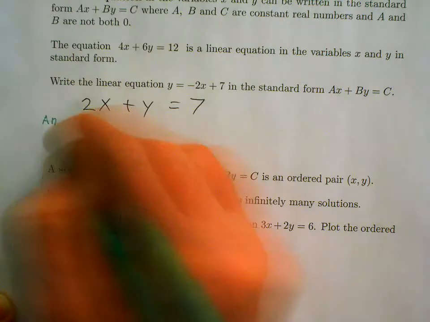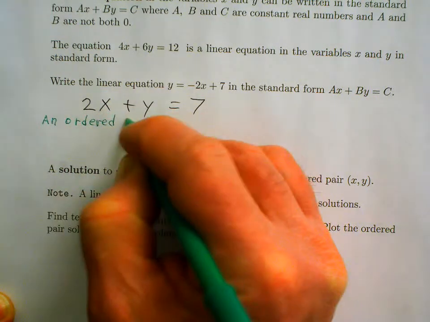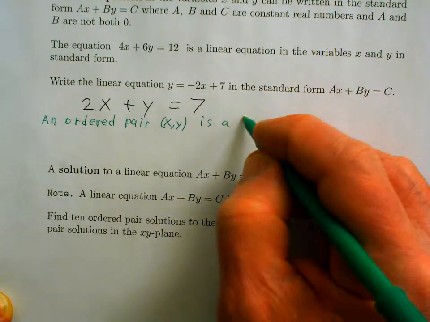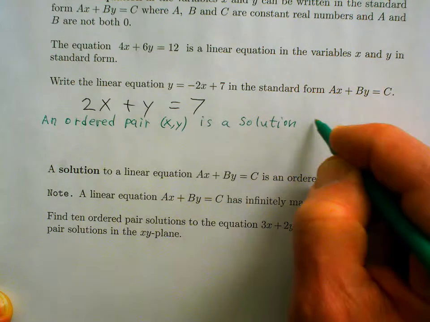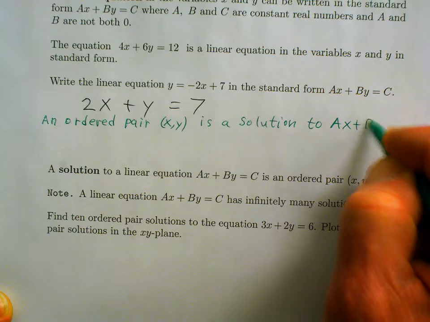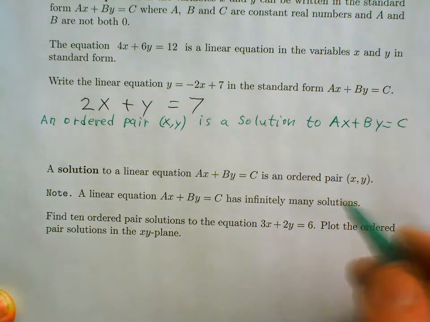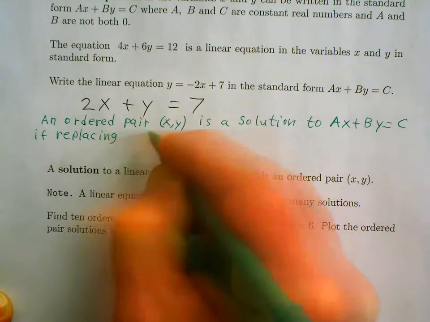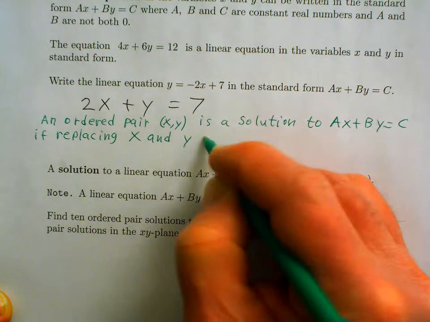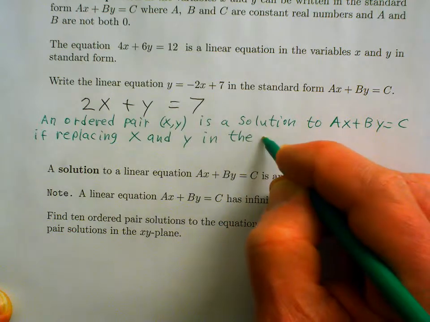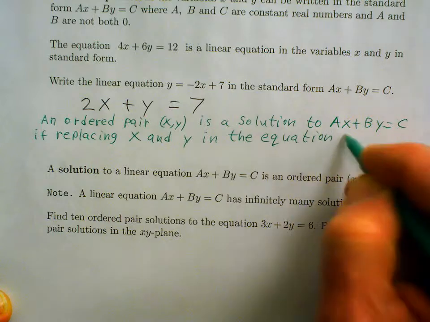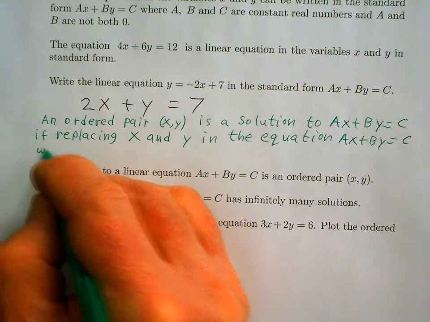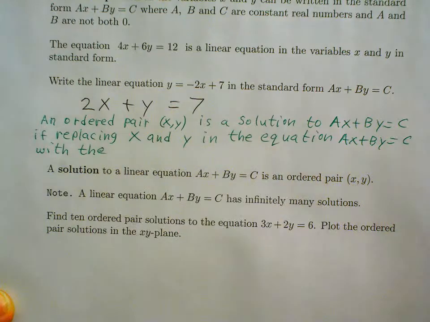Okay, so an ordered pair x comma y in parentheses is a solution to ax plus by equals c if replacing x and y in the equation ax plus by equals c with the x and y coordinates of the ordered pair.